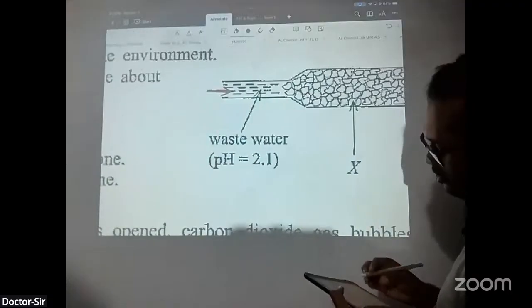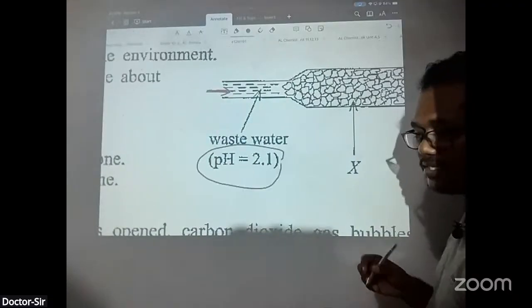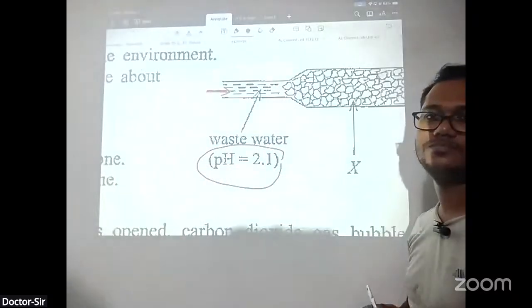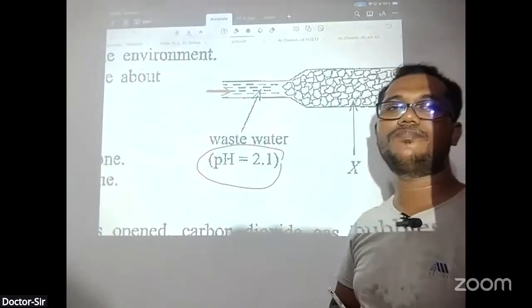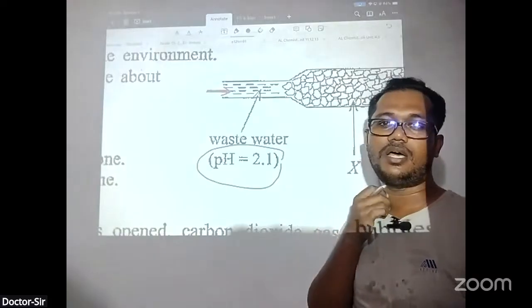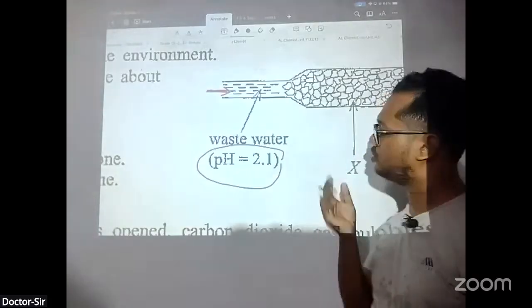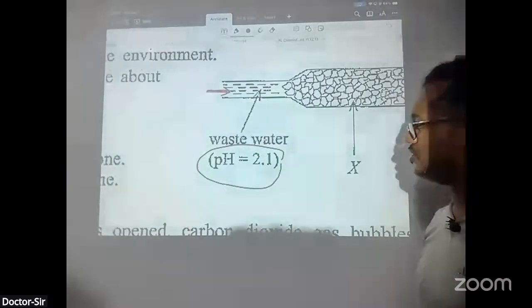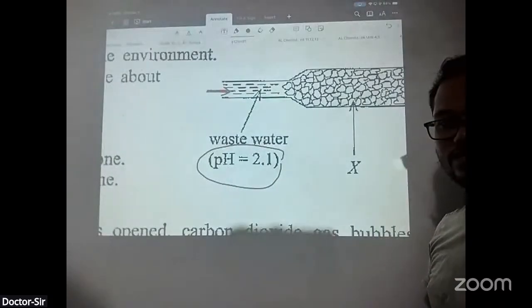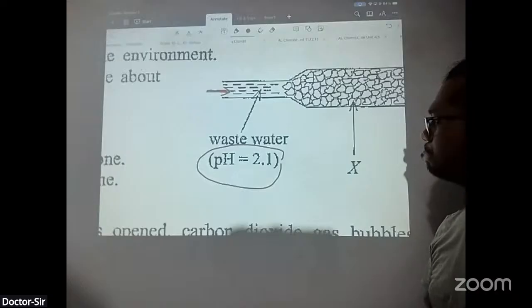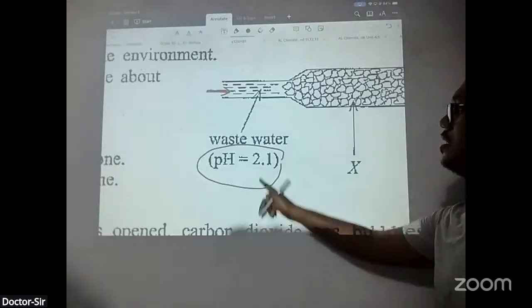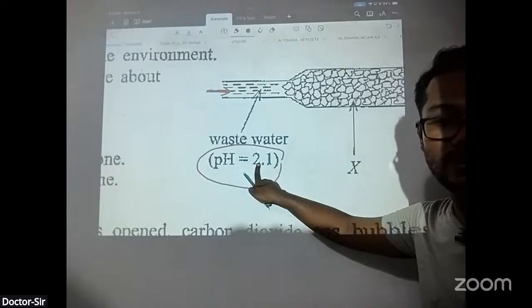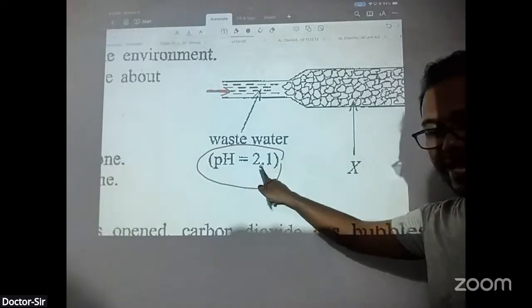Now think about this pH value. Is this acidic or basic? So tell me. You can put messages, or you can turn on your mic. I don't think I can see the messages, but on the balloon. What is this? pH 2.1. What is this pH value? Is it acidic or basic?